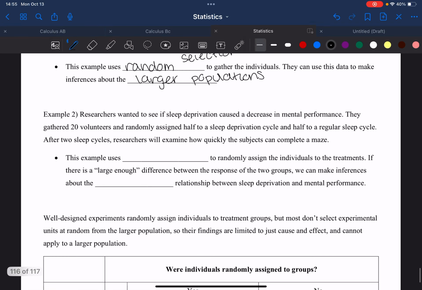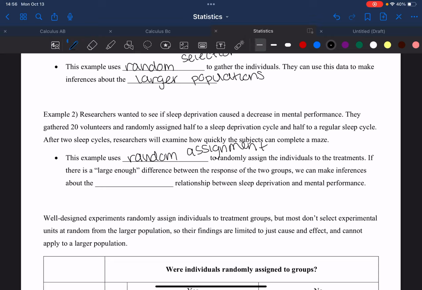Example 2 says researchers wanted to see if sleep deprivation caused a decrease in mental performance. They gathered 20 volunteers and randomly assigned half to sleep deprivation cycles and the other half to regular sleep cycles. After 2 sleep cycles, researchers will examine how quickly the subjects can complete a maze. This example uses random assignment to randomly assign the individuals to the treatments.